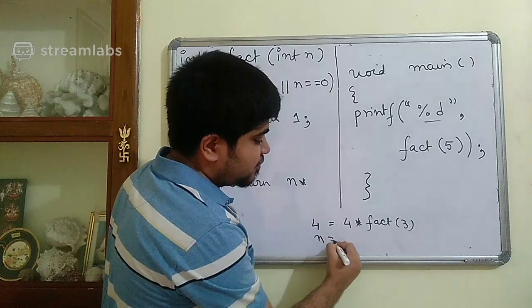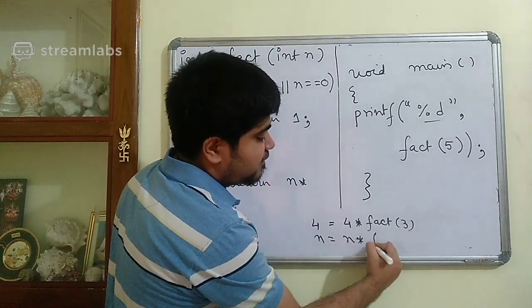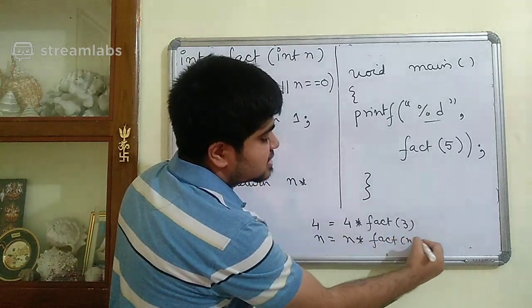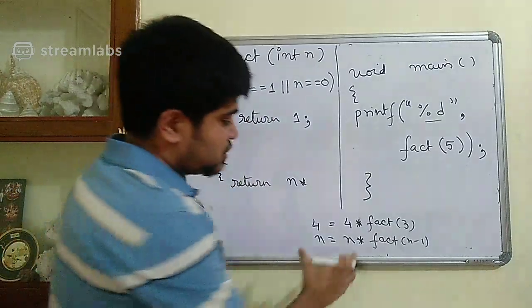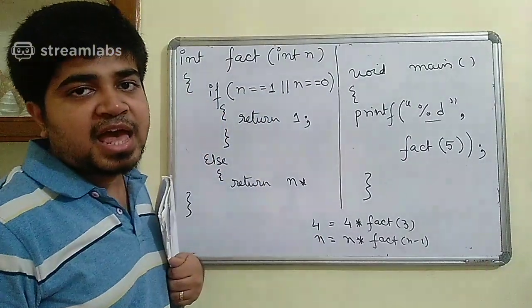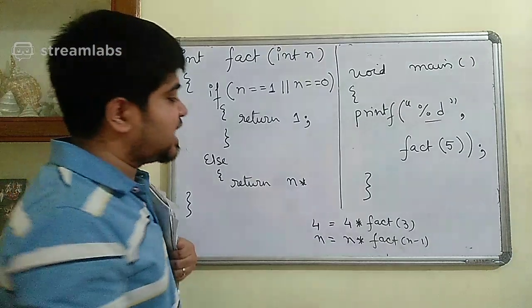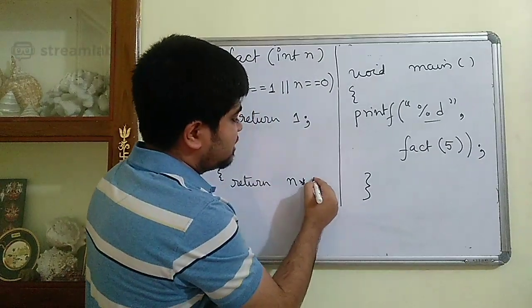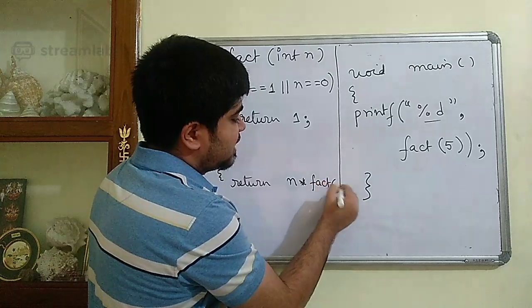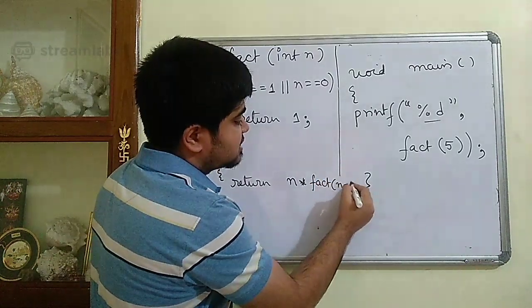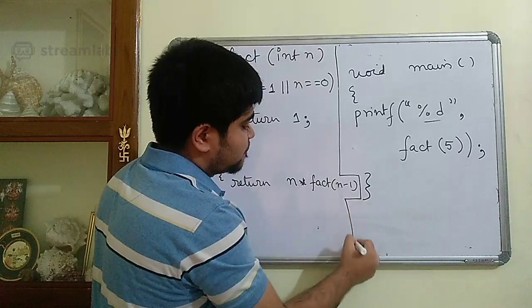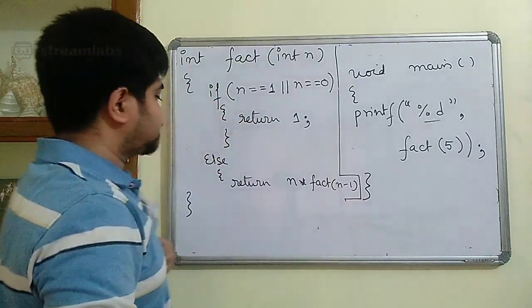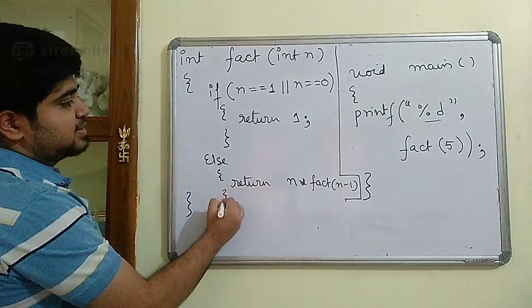So n is actually what? n into fact of n minus 1. Isn't it so? So this is the recursive equation that we have formulated, and it has to be put here. So n into fact of n minus 1, right? So this is it.